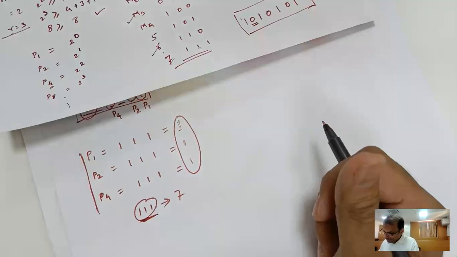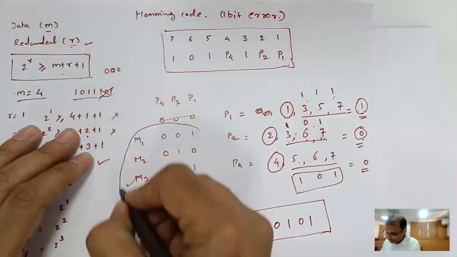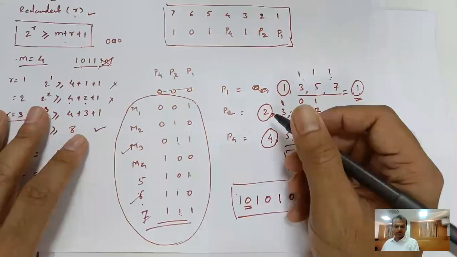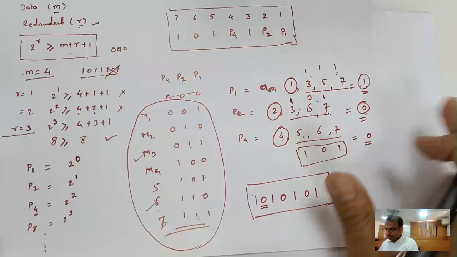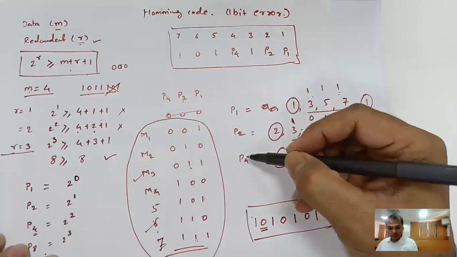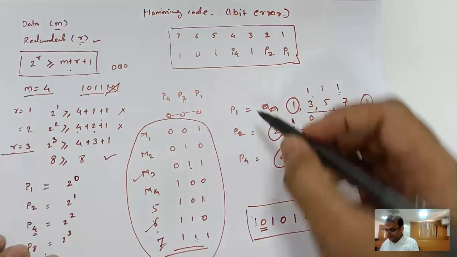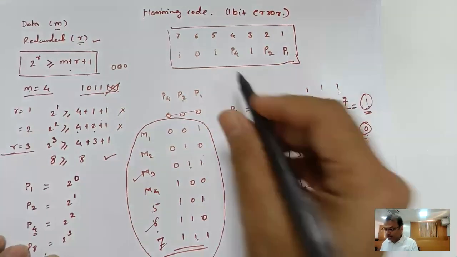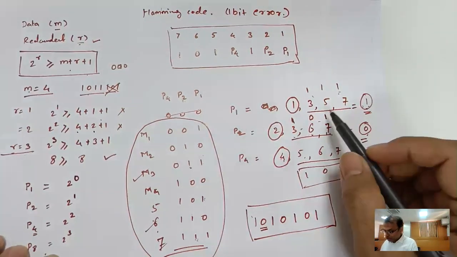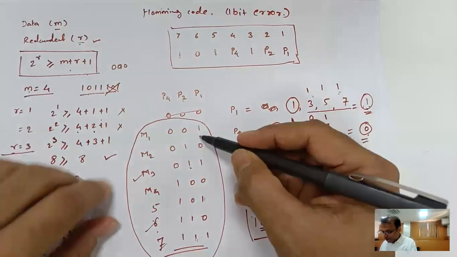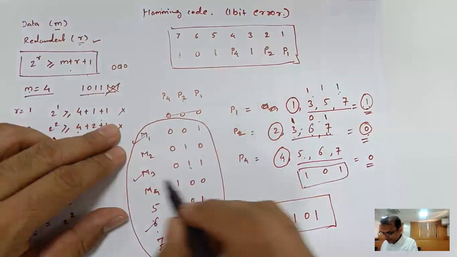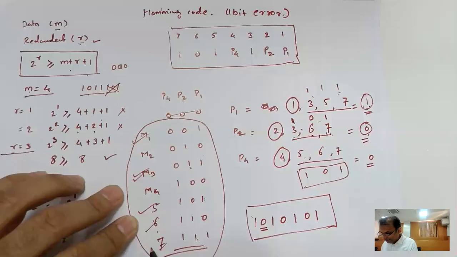So what you have to do is work with all this binary table that you have studied up till now. These P1, P2, P4, why you have to choose these data bits or the position bits in this calculation, because P1 will be 1 for only M1, M3, M5 and M7.